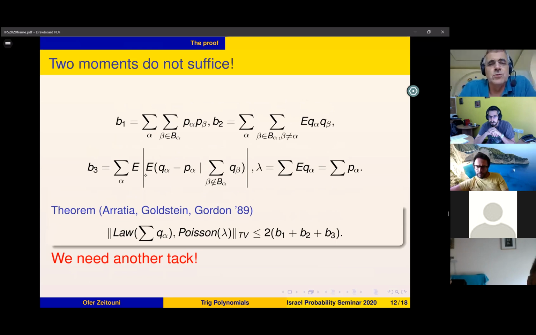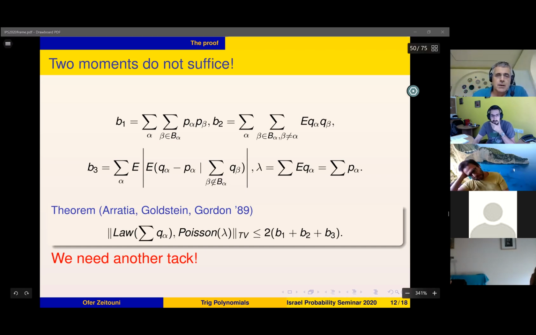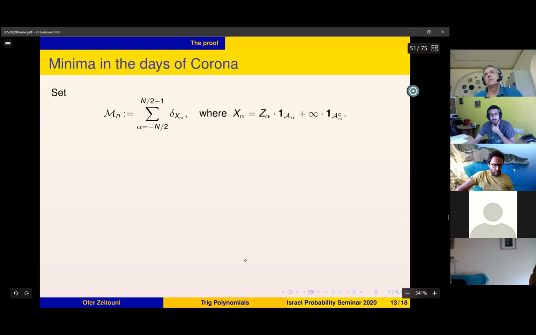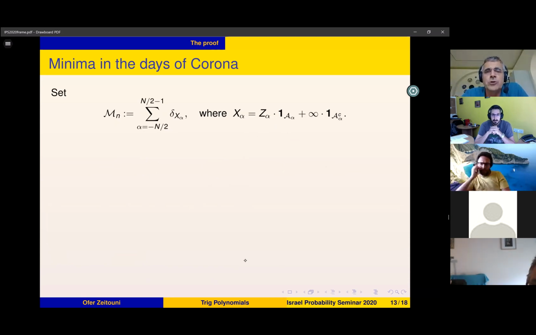Our conclusion was that this is too hard, and in particular that we need to do something different. So that's what I'm going to describe next. We want now to look at it differently. Remember that Z alpha was a proxy for the value, and A alpha was a condition that said that the minimum occurred around the small x alpha.